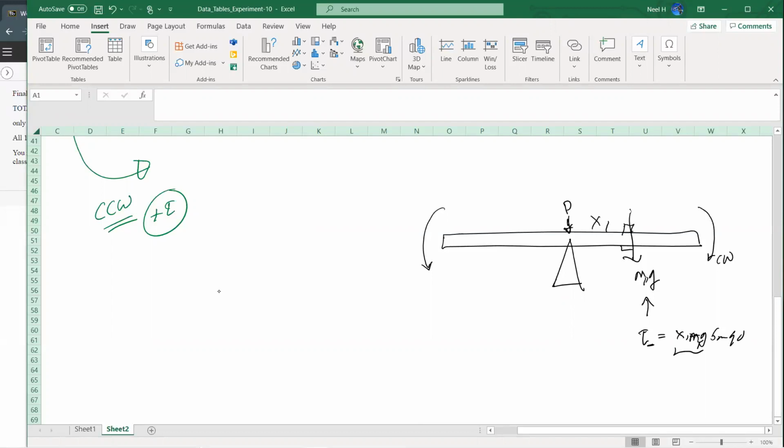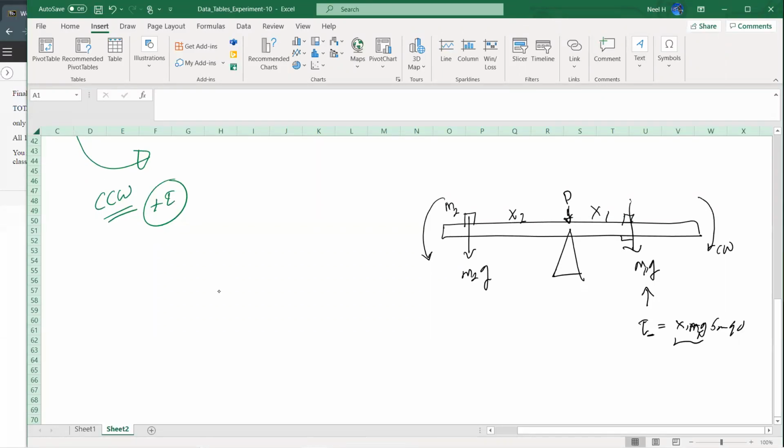On the other hand, that rotation I can stop if I have another object. If I find the exact location to apply, let's say I have another object m2, applying a force downward, m2g. Let's say this distance is x2 from the fixed point. Then this rotation is counterclockwise.